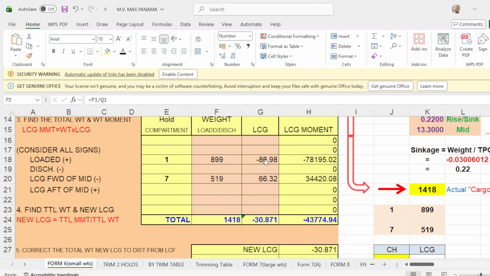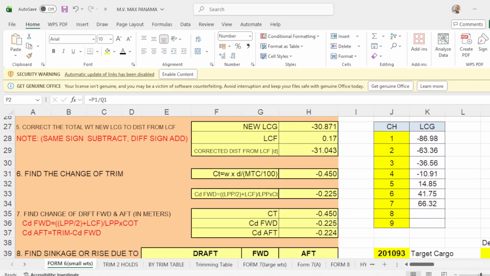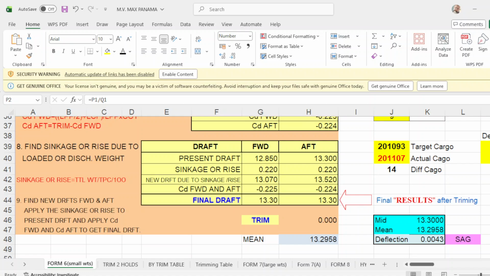You apply the LCG, and your final departure would be forward 13.30, aft 13.30, 0 trim, and mean is 13.30 almost. So it's an even keel.